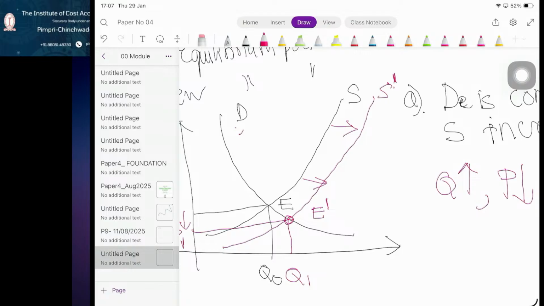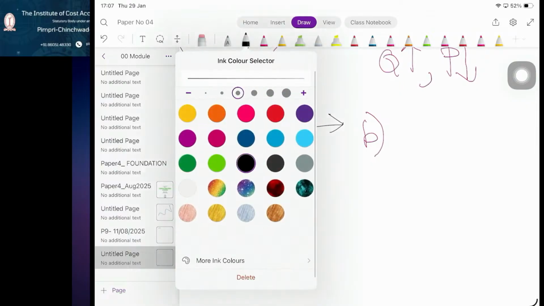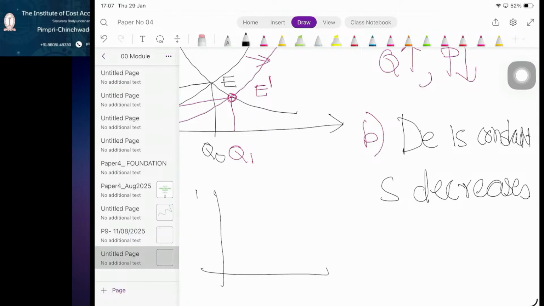Okay. So you draw now the B situation. Demand remains constant. Demand is constant and supply decreases, meaning there is a left shift. So start with a case like this, P and quantity.